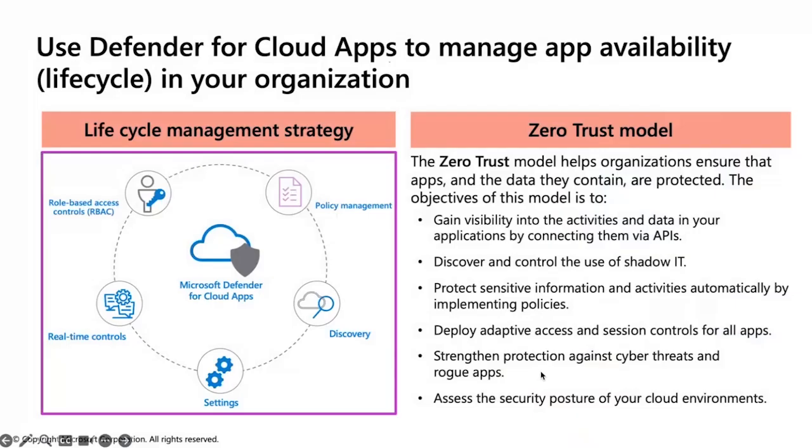We can also control governance, like disabling or suspending a user in M365 and Entra ID. We can enhance security against different attacks in Defender for Cloud Apps, because this is specifically designed for application security. So consider using it if you are planning to deploy an application availability lifecycle in your organization.